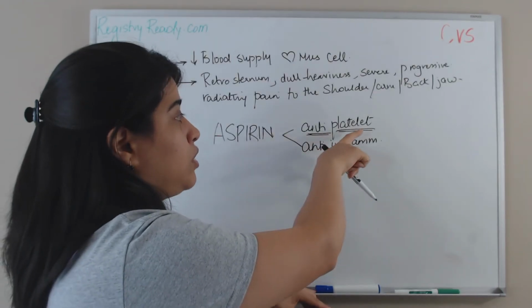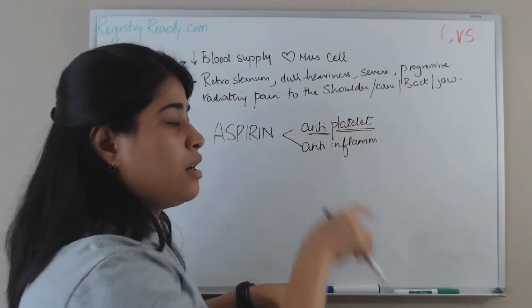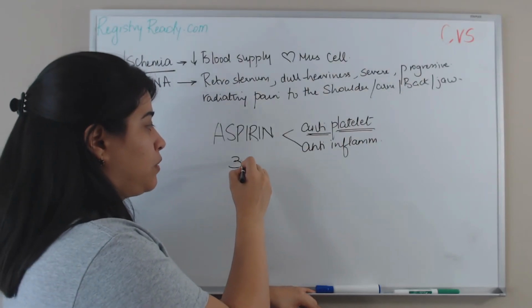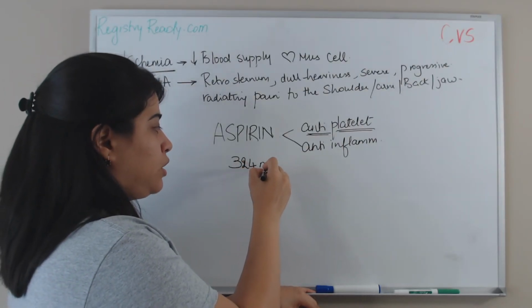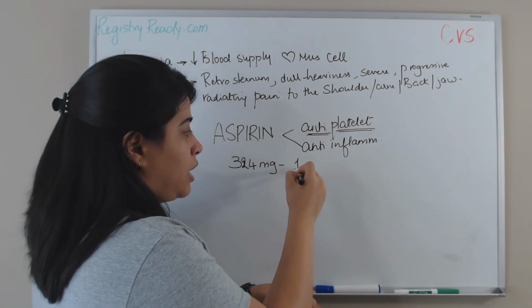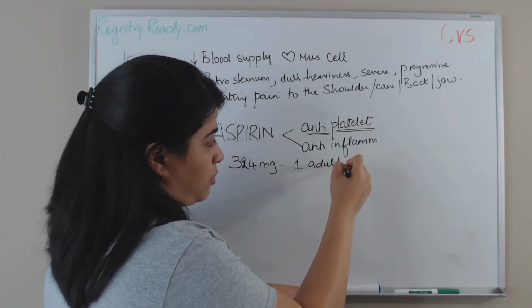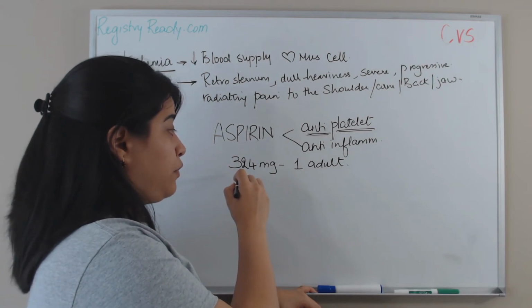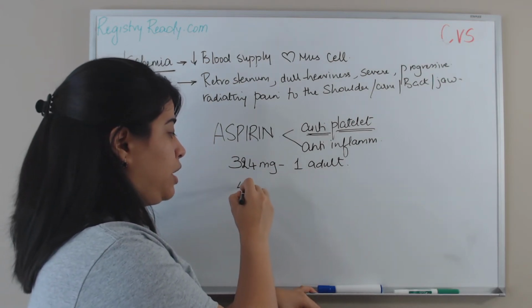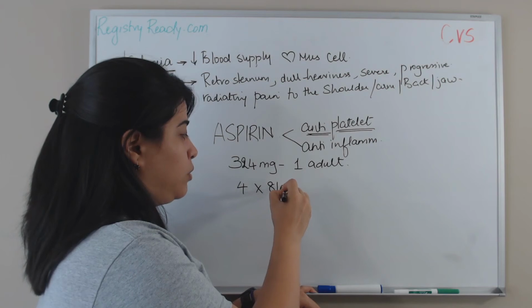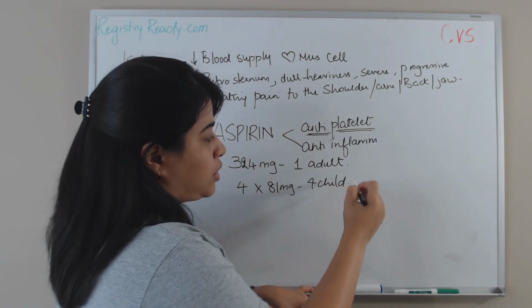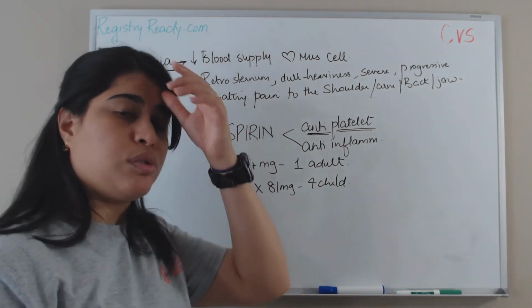So giving aspirin, you can get an antiplatelet effect and an anti-inflammatory effect. And the dose of aspirin that you will use is 324 milligrams. That is a single adult tablet. Patient should be chewing that tablet. And the second one, if you don't have the adult dose, you could give 4 of the 81 milligrams. So 4 of the baby aspirins or the child aspirin to this patient.